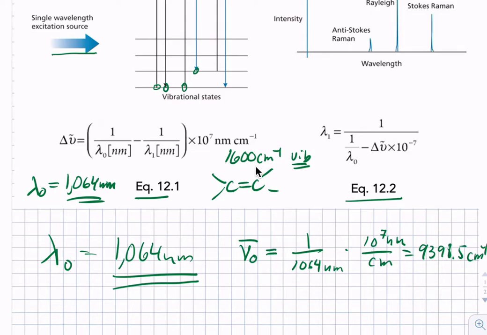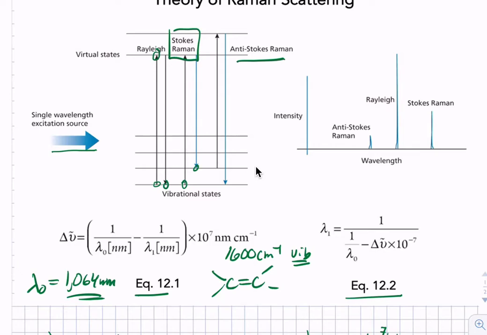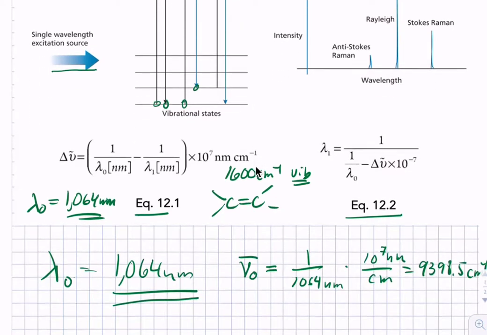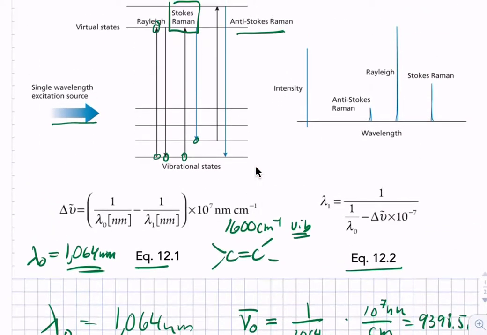Now that is the energy in wave numbers of the laser exciting from the ground state to the virtual state. So that'll be nu bar naught. What we want is nu bar 1, the wave numbers.